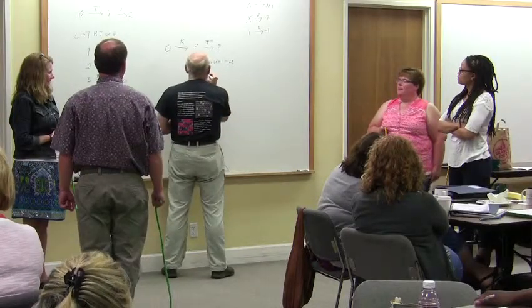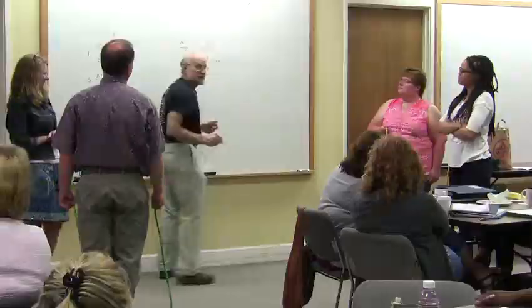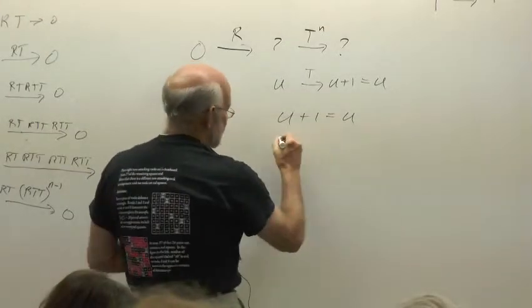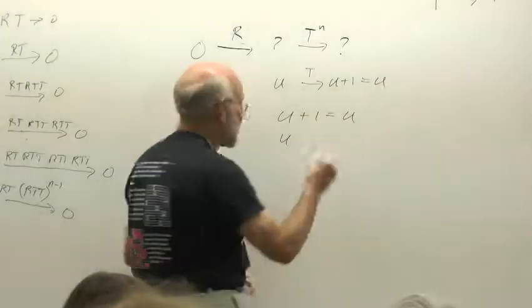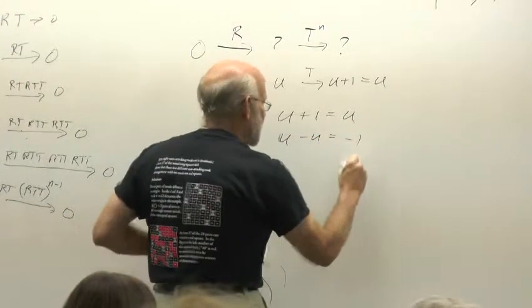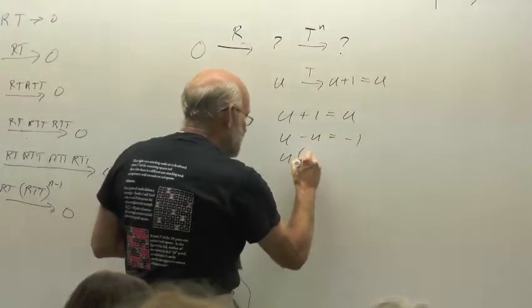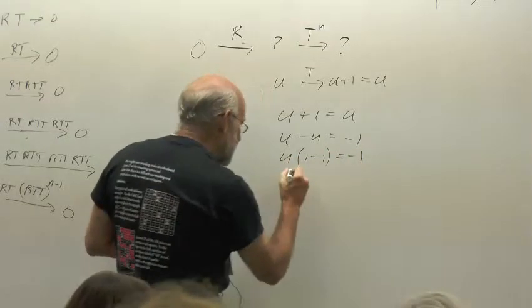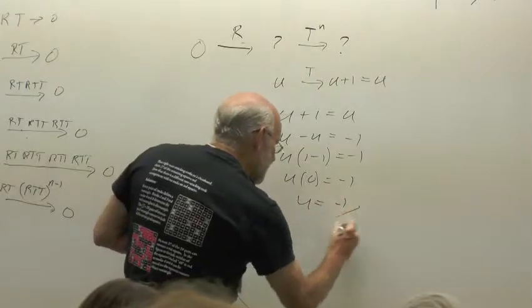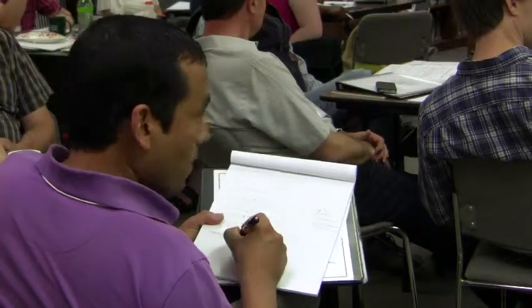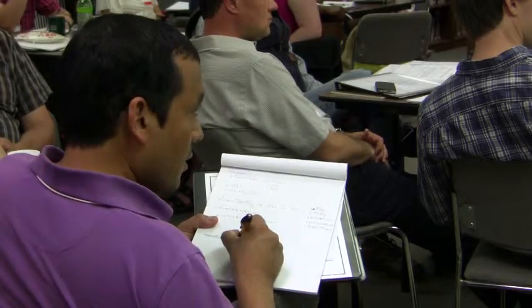I can solve this. U plus 1 equals U, right? So I'll bring the U's, you get the unknowns to the same side. U minus U equals -1. U times 1 minus 1 equals -1. U times 0 equals -1, so U equals -1 over 0. So that's not so good.